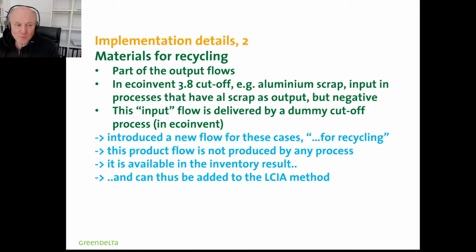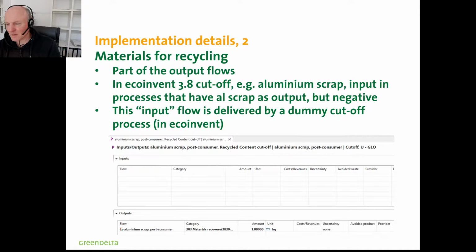What did we do to consider this? We introduced a new flow for these cases for recycling. So it's aluminum scrap post-consumer for recycling, which is not produced by any process, so it remains open in the calculation result. The original approach works, but it's more a requirement from other software like SimaPro that can't work with a product that does not have a process producing it.